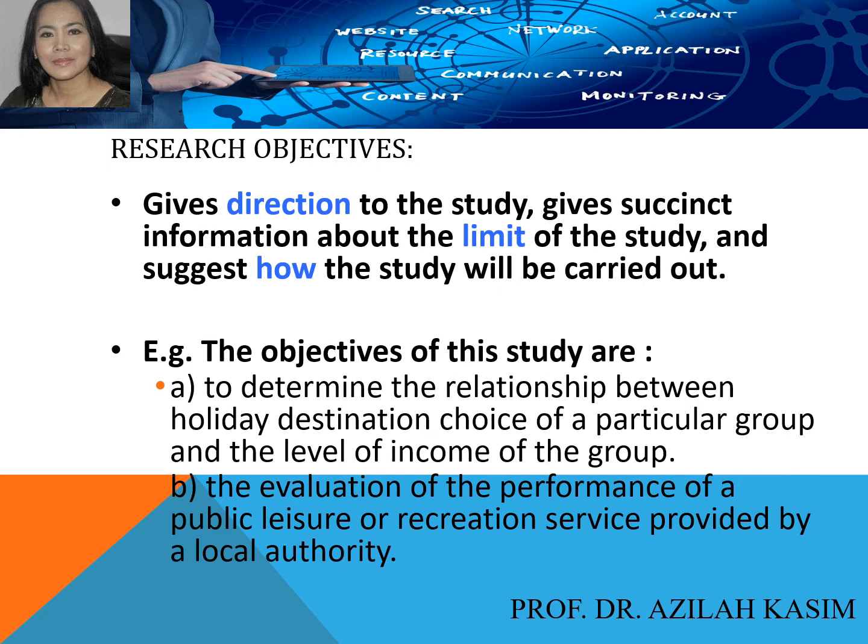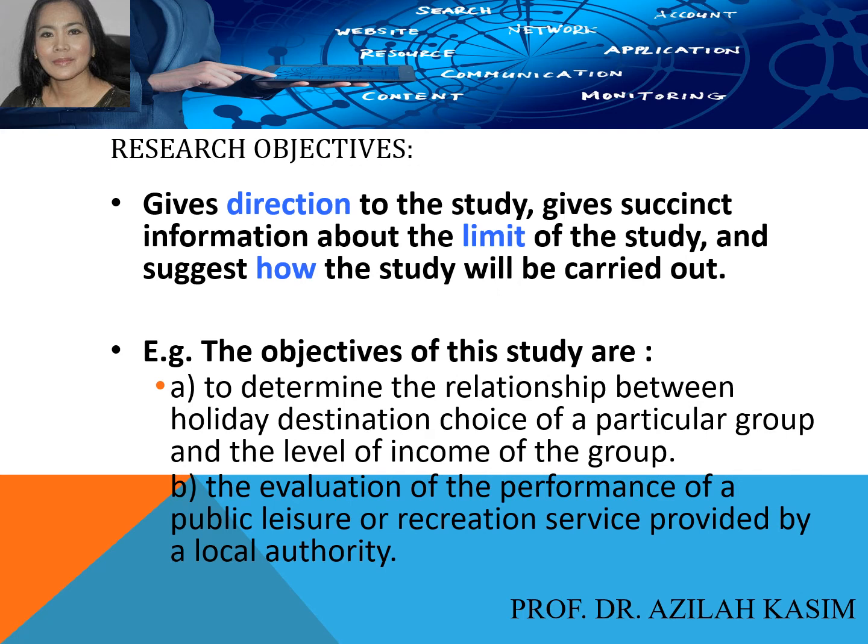Another example is the evaluation of the performance of a public leisure and recreation service provided by a local authority. This is more an evaluation of performance of all the services provided. So probably you will be asking your respondents to rank or express their satisfaction level through a scale or something, to give feedback on how the service is performing according to their perspective.